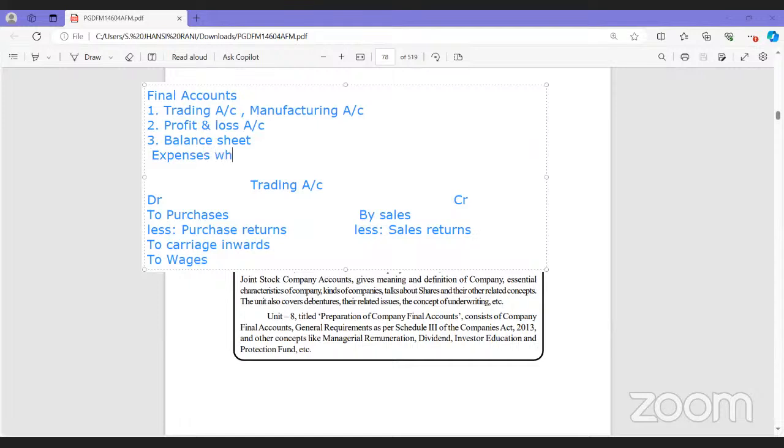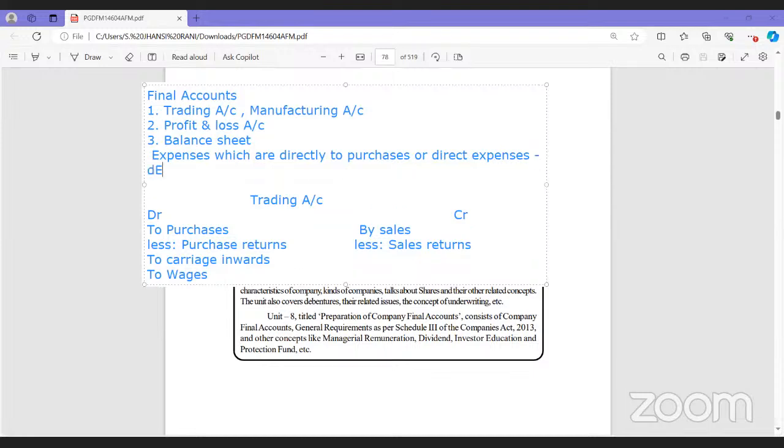Expenses which are directly related to our purchases, or direct expenses, all those expenses we will write on the trading account debit side.